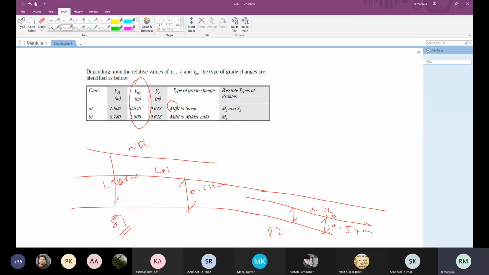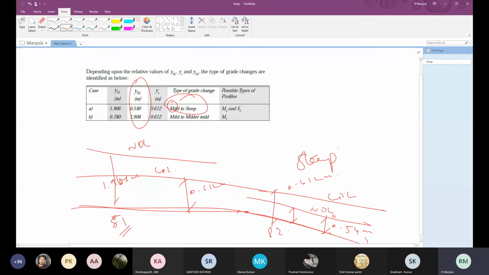But CDL remains the same. CDL is 0.612 meter. Okay. Now what is this condition actually? When CDL is greater than NDL, it is a steep slope profile. So there is a break in grade. It changes from mild slope to steep slope.